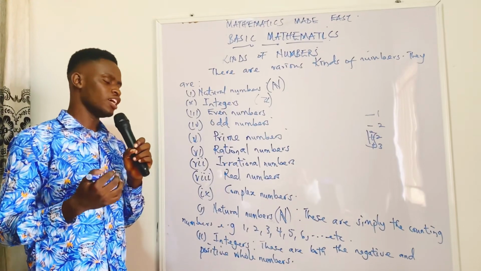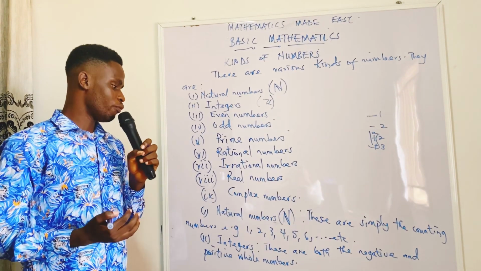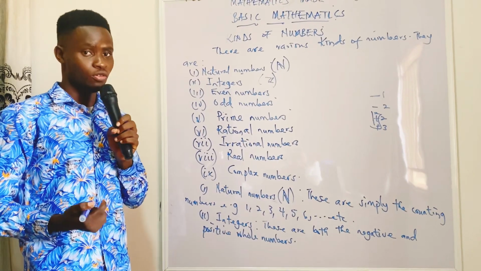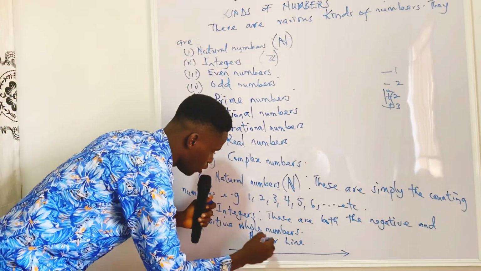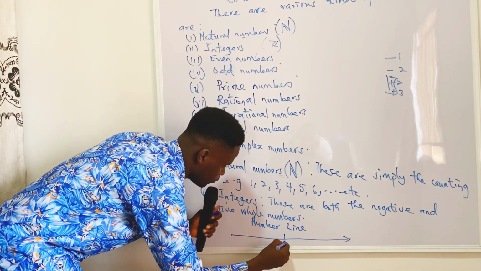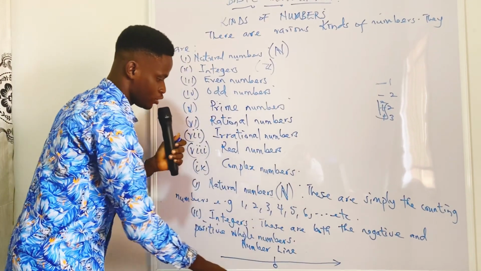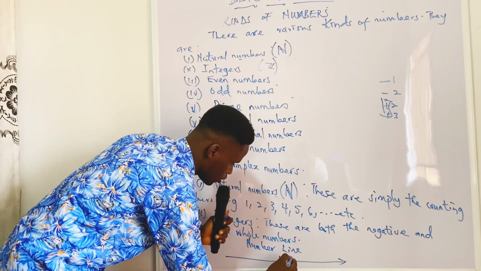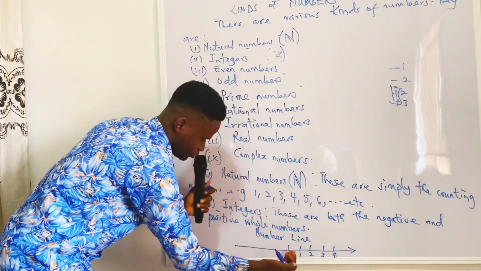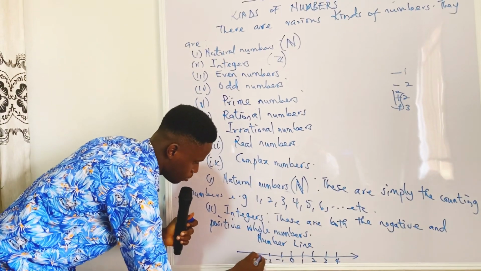Now these integers are usually found on the number line. And with the number line, you have an overview of all the numbers. So I would like to explain what the number line looks like. It comprises all the numbers, and there's always a reference point that is normally called 0. 0 is the reference point, and to the front we always have the positive numbers, and behind 0 we always have the negative numbers, just like that.